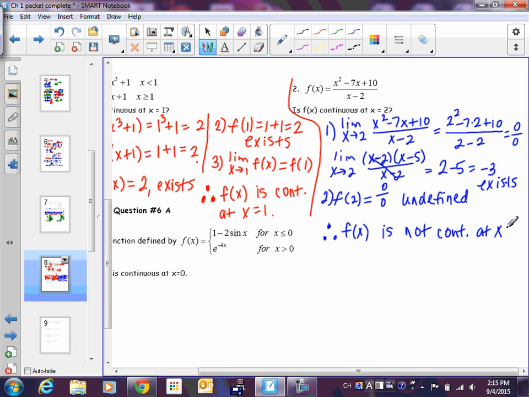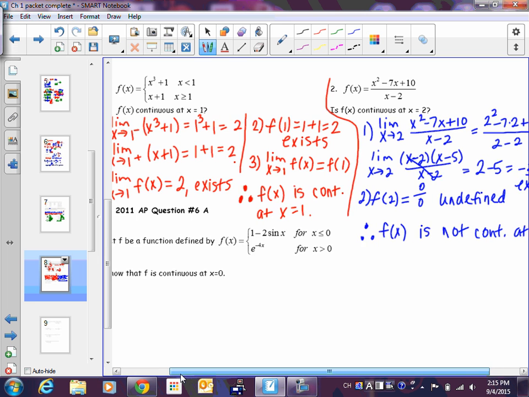So the not continuous examples are actually easier. You do less work because you get to stop as soon as you find one that's not true. Okay, so that's what I mean by a proof. Every time you've got to show the 3 conditions and write a summary statement.